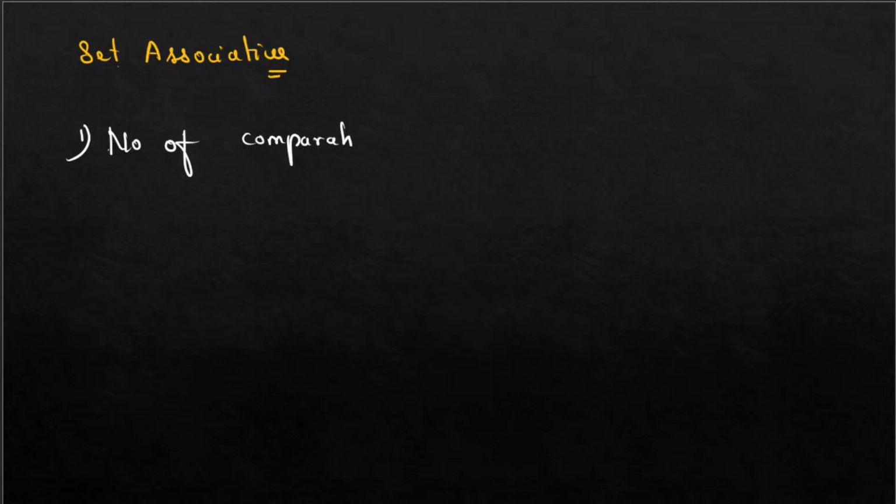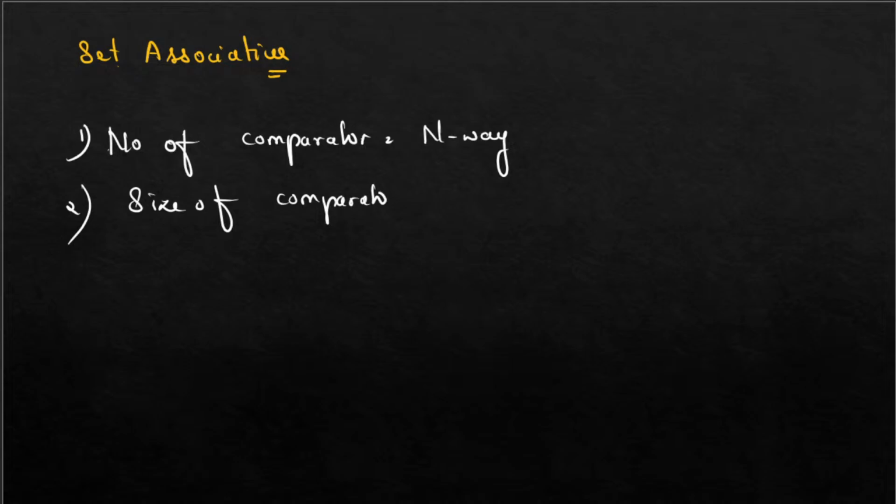Now let's see set associative. So the very first is number of comparator equals to n way set associative. Second is size of comparator equals to number of bits in tag.